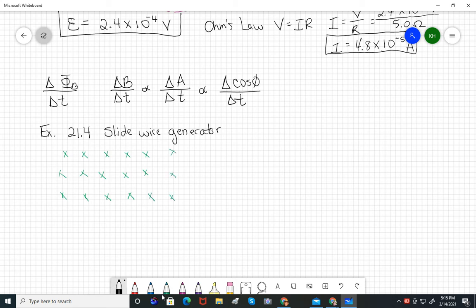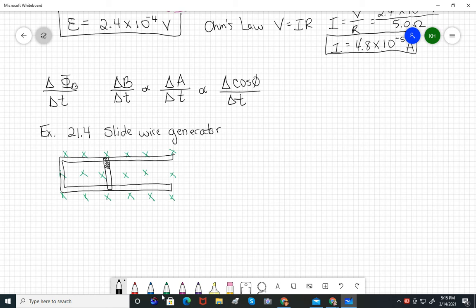And we have a conductor that's U-shaped, like this. And on top of that conductor, we're going to put a bar, a metal conducting bar.